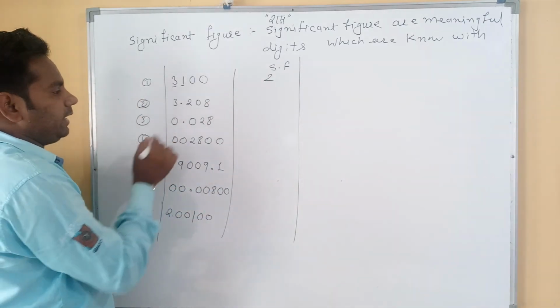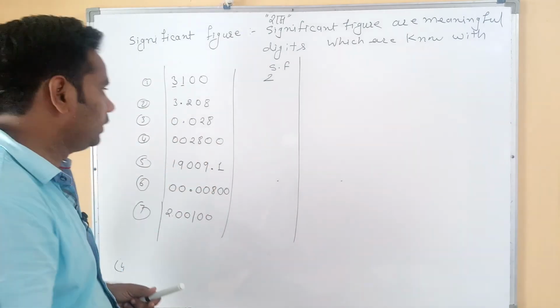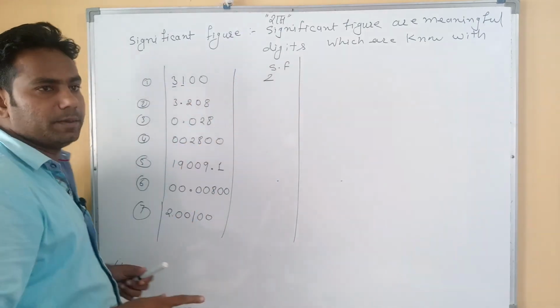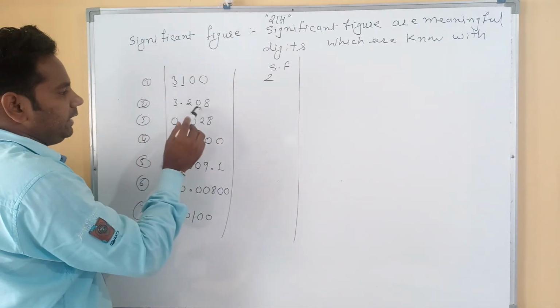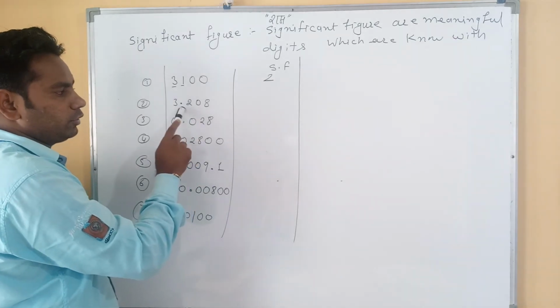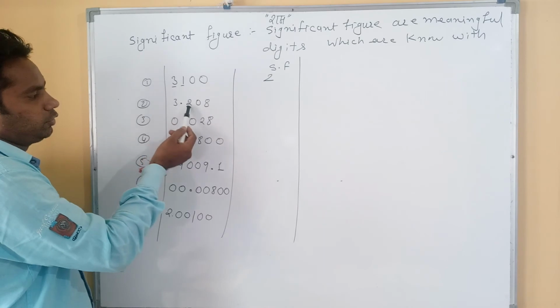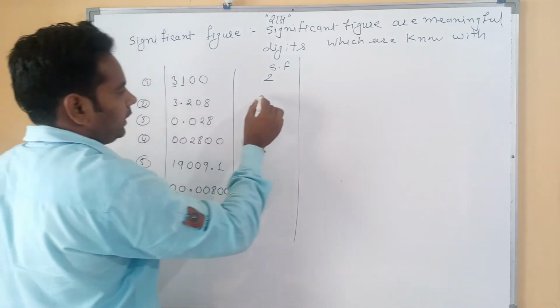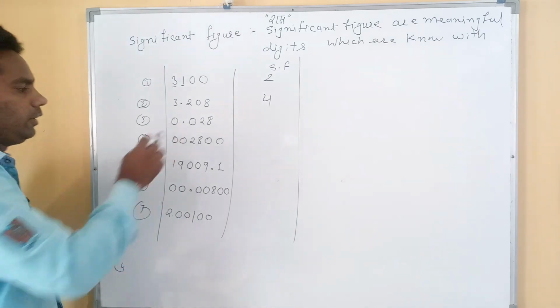Clear? And here a decimal point is present. So we also use our third rule, but no zero is present after the non-zero number. So only this zero, according to the second rule, zero between two non-zero digits, is significant. So total significant figure is 1, 2, 3, 4. So the total is 4 significant figures. Okay. Then a decimal point is also present here.